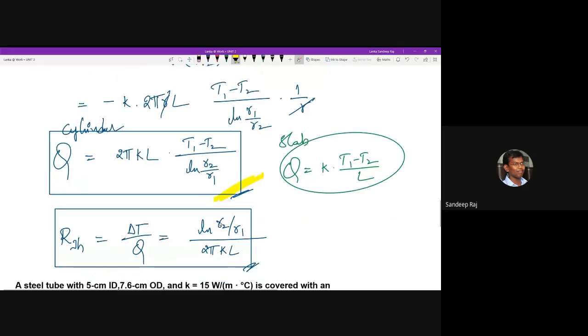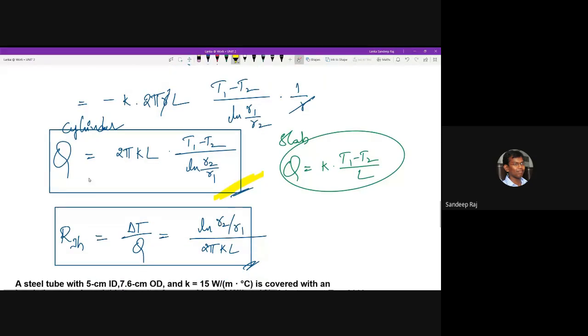So this will be the equation for finding the heat transfer through the cylinder when the heat transfer is happening only in the radial direction, and the temperature change or the heat transfer in the other two directions, that is theta and z, can be neglected.